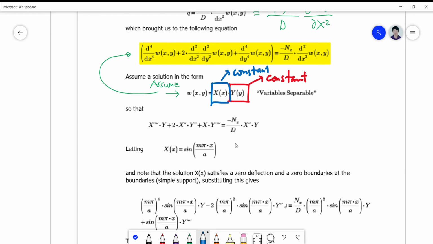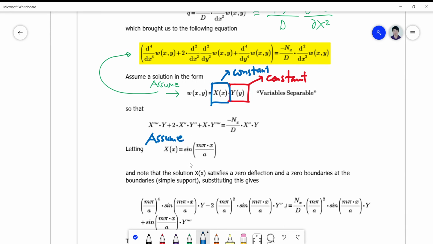The next step is to assume again a solution of the ordinary differential equation in the form of the x variable.